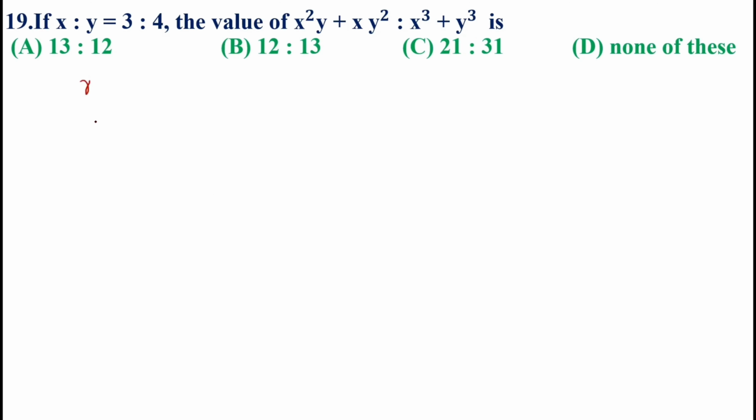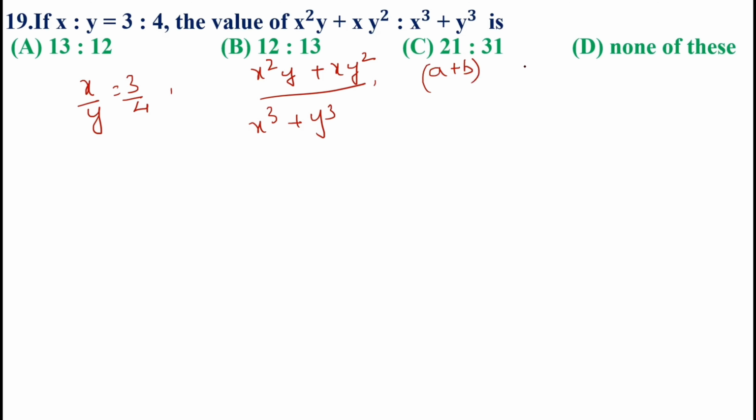x by y is equal to 3 by 4. I need to calculate x square y plus x y square by x cube plus y cube. Tomorrow, everybody should learn by heart the formulas of a plus b whole square and a minus b whole square, which you have already learned from 8th class, a plus b whole cube, a minus b whole cube.